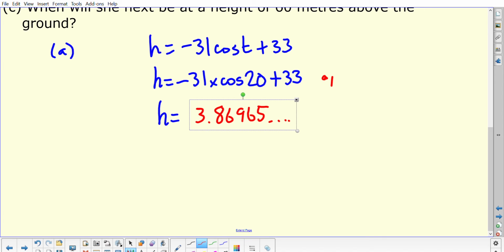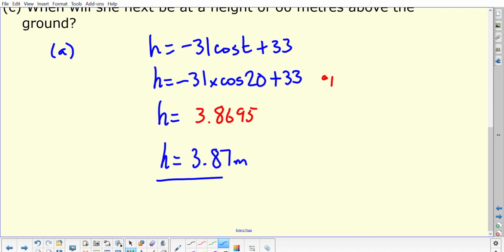Then we would round to get our answer to 2 decimal places, 3.87 metres. And that would be part A.